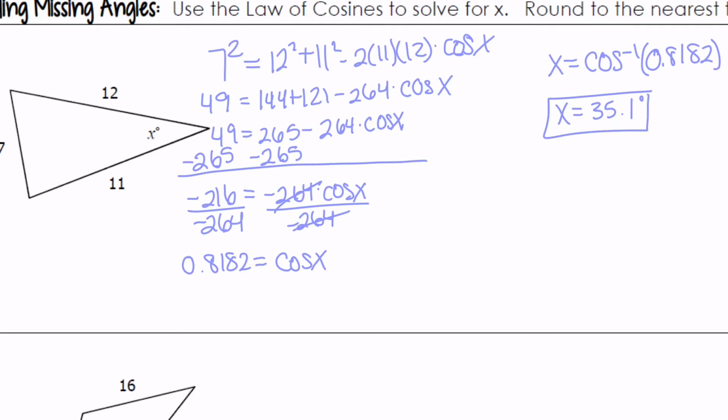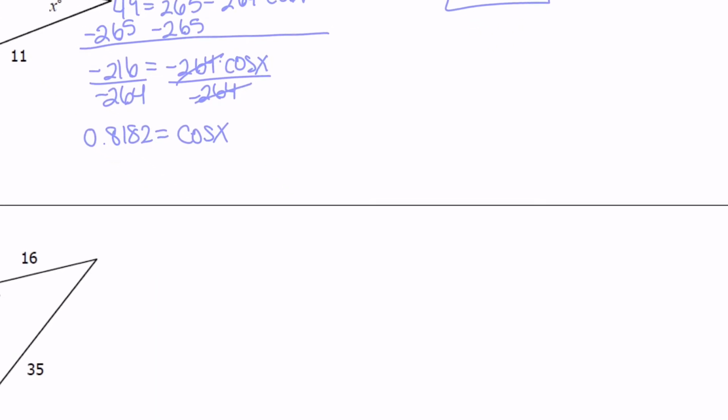The rest is just doing your reverse operations. Okay? You can think of it as an algebra problem. For instance, negative 216 equals, it's the same thing as saying this right here. Except for this x just has this weird cosine attached to it up here. So all it is algebra.